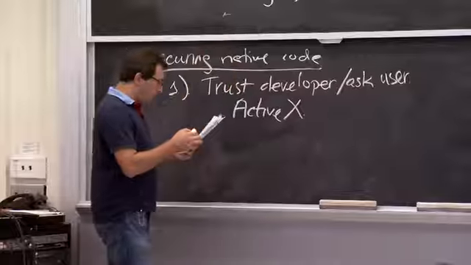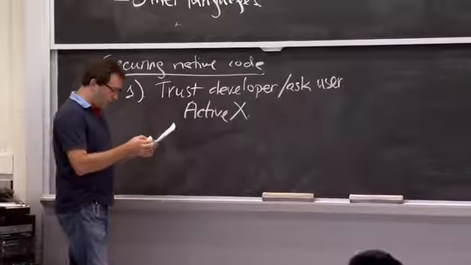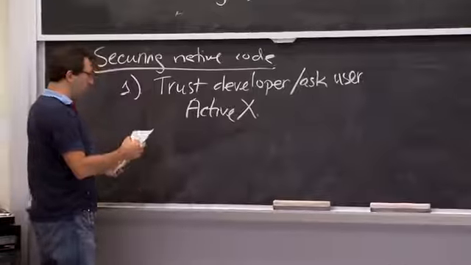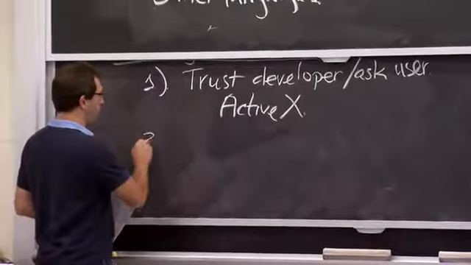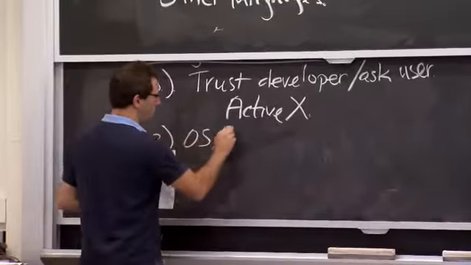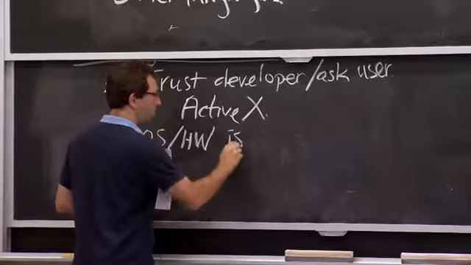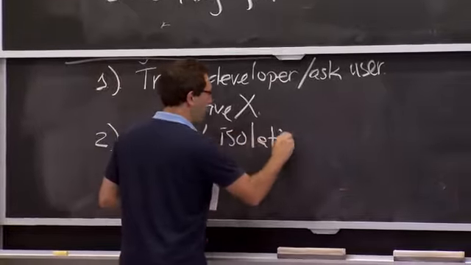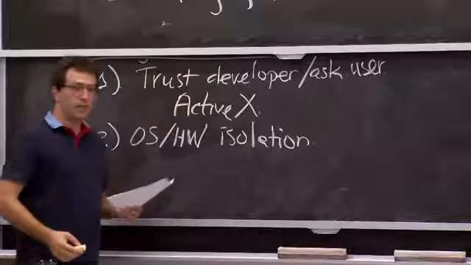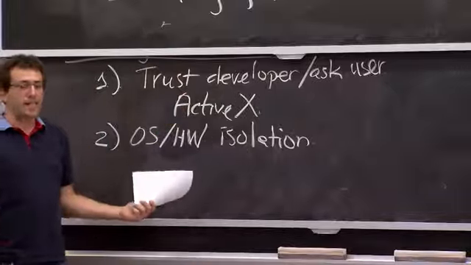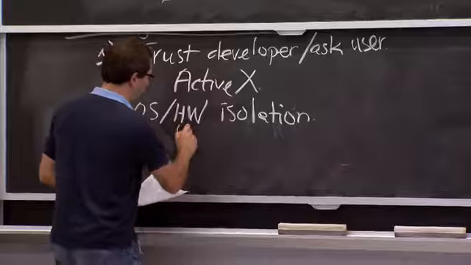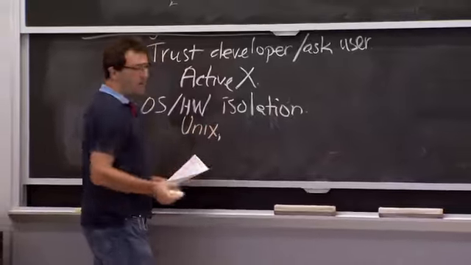So does this make sense? OK. The other approach that people have taken is to use OS or hardware sandboxing or isolation. These are things we looked at in the last couple of lectures. So maybe you would use Unix isolation mechanisms.